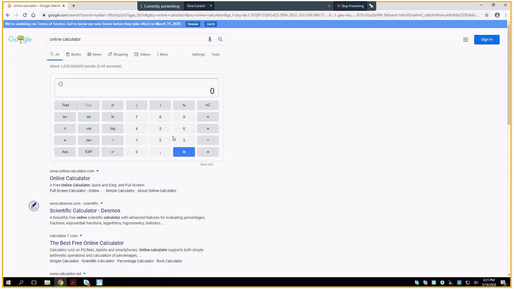For our problem, we take the square root of, in parentheses, 0.29 times 0.81, all of that divided by 500, and take the square root of that.